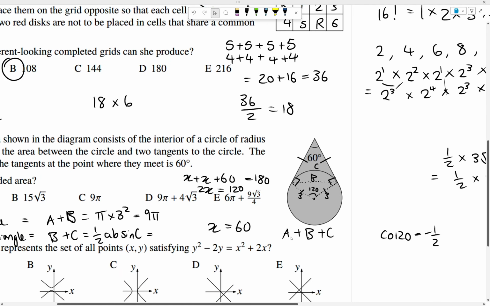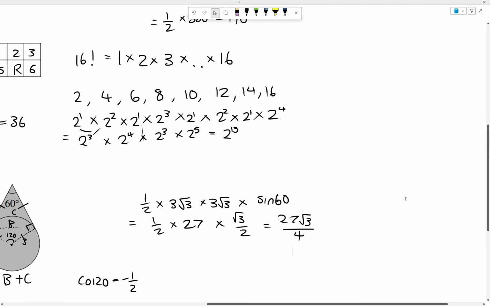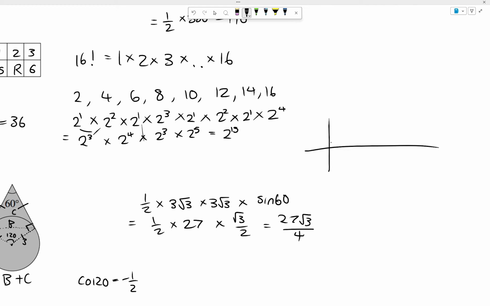And in terms of cos of 120, I should probably explain how I worked out cos of 120. If you draw the graph, then it looks like that. So cos of 60 is a half.